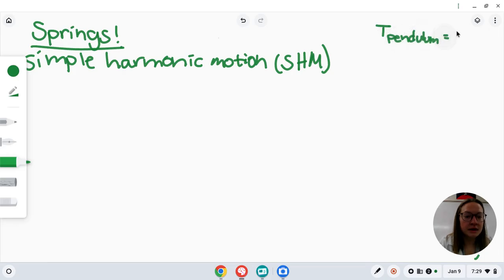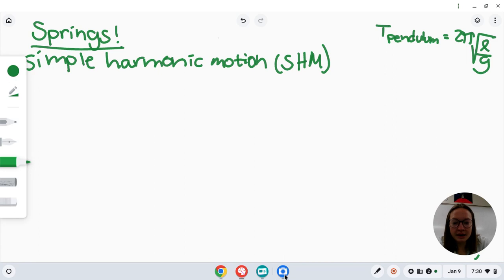It looks something like this: 2 pi times the square root of L over g. And we used linearization to find it. We made a bunch of graphs, we tested the variables that we thought were important, and then we found out that the variable that makes the true equation is the square root of L. Well, now we're going to do something very similar, except with springs.